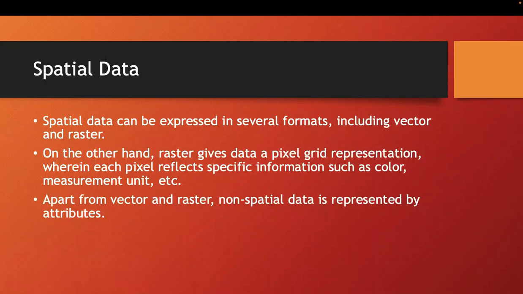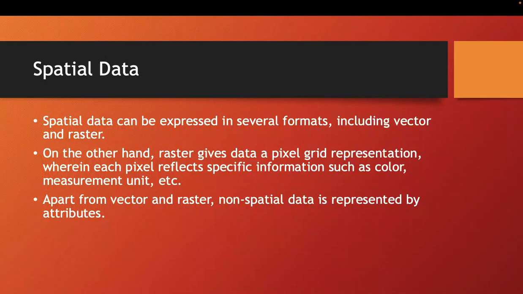On the other hand, raster gives data a pixel grid representation, wherein each pixel reflects specific information such as color, measurement unit, etc. Conventionally, raster denotes imagery. In simple words, it's an image. However, in the context of spatial analysis, it refers to aerial photographs or satellite images known as orthophotographs.